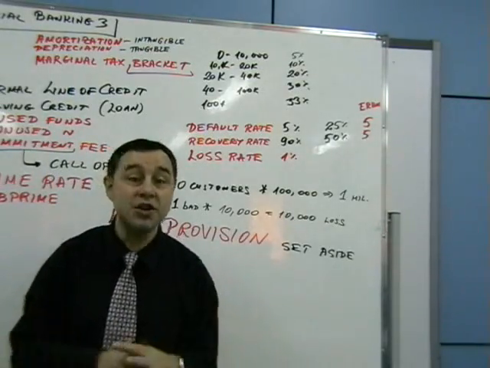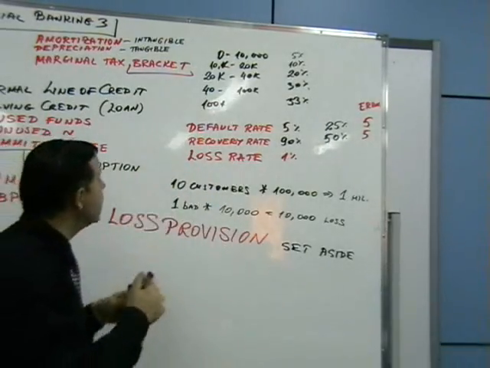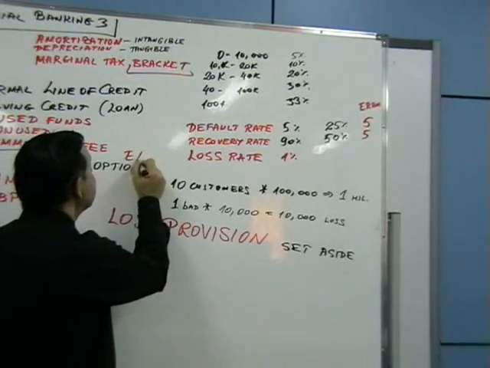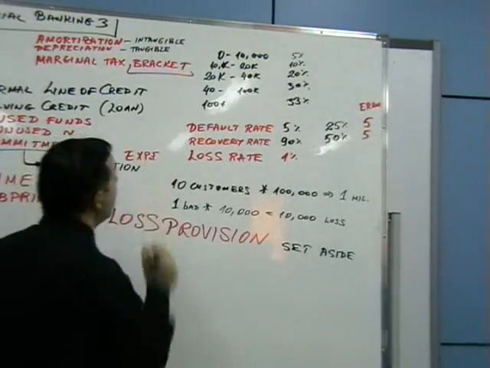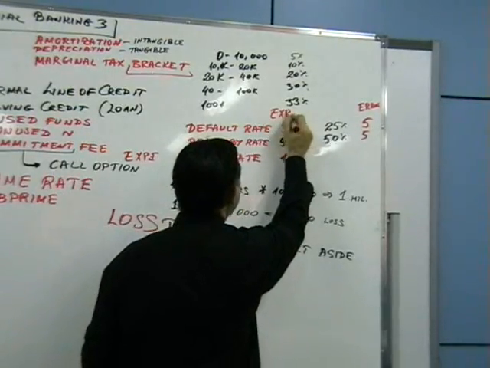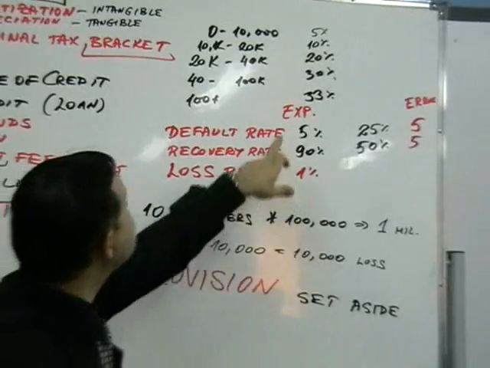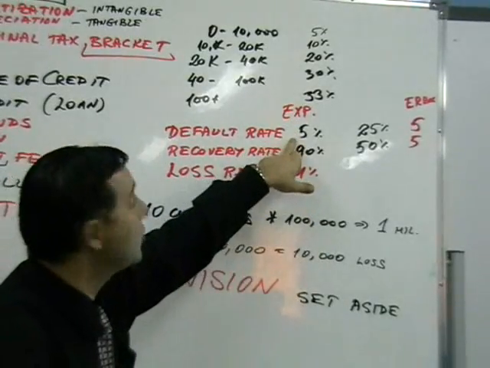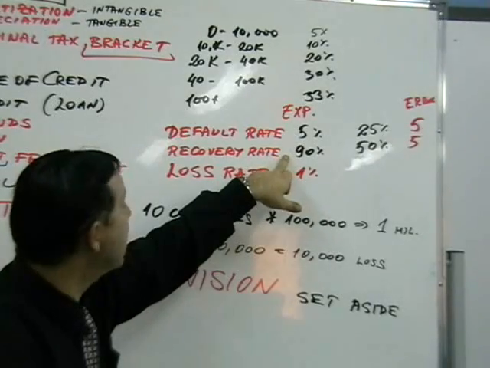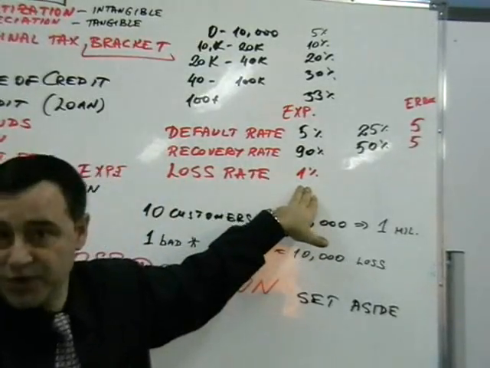For these 10 million new loans, we have, and now this is not the loss rate, let me do this. I'll write it here. Expected loss rate. So, when you're providing the loan, you expect a loss, a default rate of 5 and an expected recovery rate of... So, you have an expected loss rate of 1%.